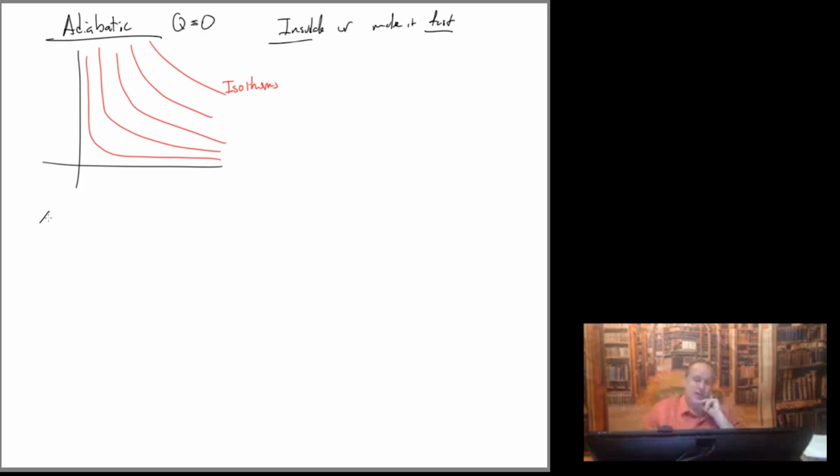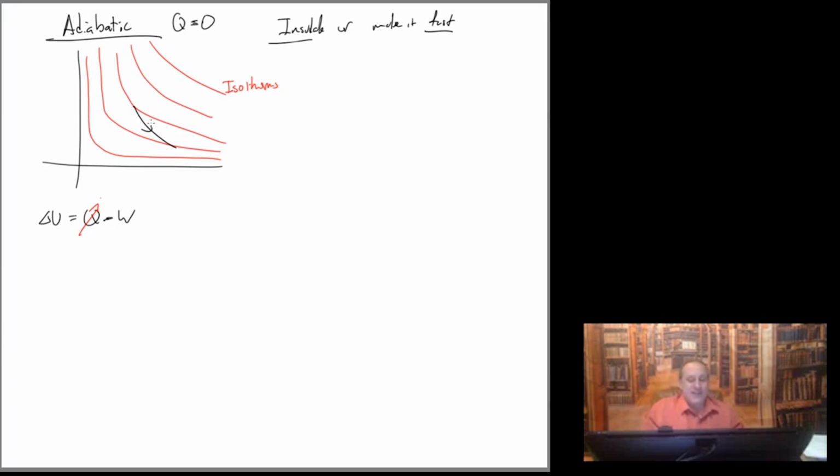So we have delta U equals Q minus W, but the Q is 0. So that means as work is being done, as we move to the right, the delta U is negative. So this thing is getting colder as it expands, and it has to look something like that. Okay, it looks a little bit like an isothermal curve, but it is steeper because it is losing temperature.